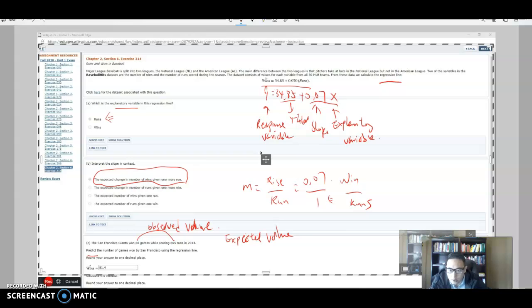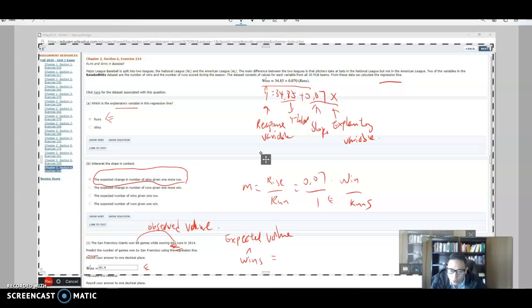So if I plug in 665, what is the expected value? If this never happened, how many wins should I get if I score 665 runs?